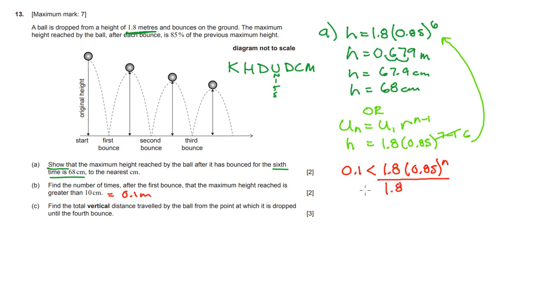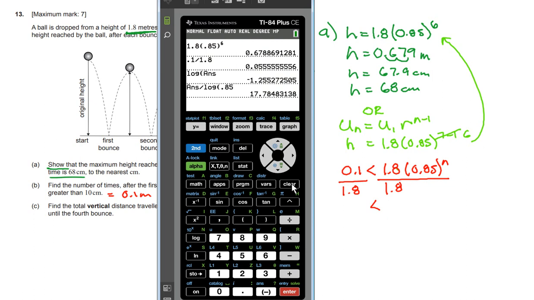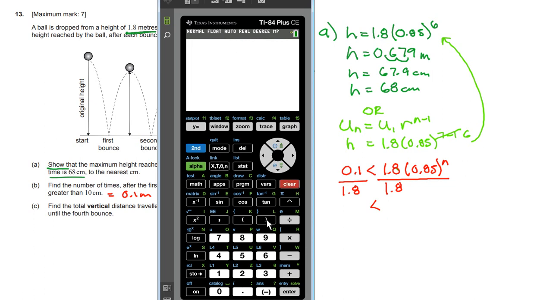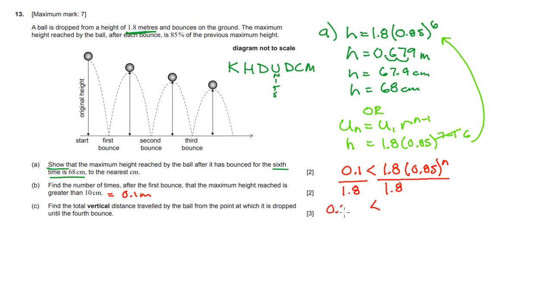So we're going to divide both sides by 1.8. Let's get rid of this and do it over fresh again. 0.1 divided by 1.8 gives us 0.0555 repeating, and we get 0.85 to the n.